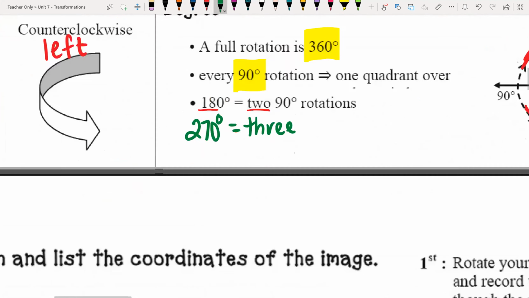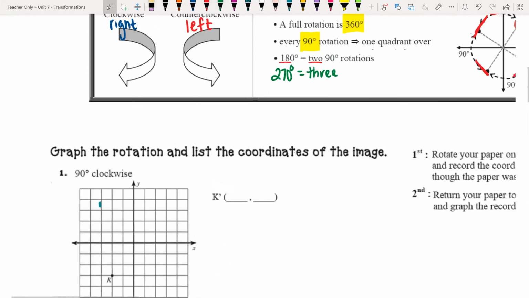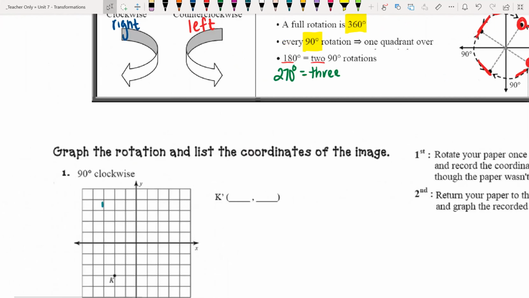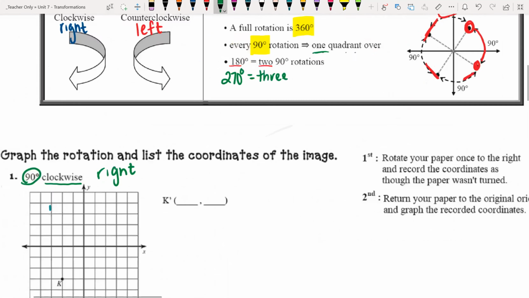Okay, so let's look at how to do this. We have some directions over here. Rotate your paper once to the right. We know it's once to the right because this says clockwise, which remember is to the right, and it says 90 degrees, which means I rotate once, one quadrant over.